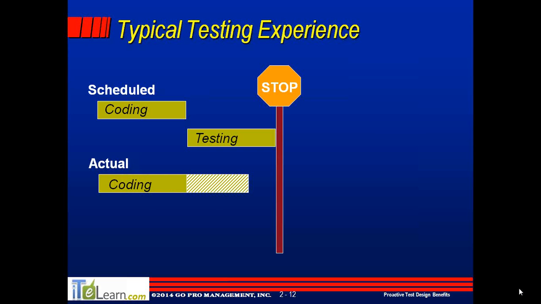Now, if the amount of testing is somehow proportional to the amount of coding, and you have more coding than expected, then you should also have more testing than expected. But what doesn't change? The stop sign, the deadline, right?